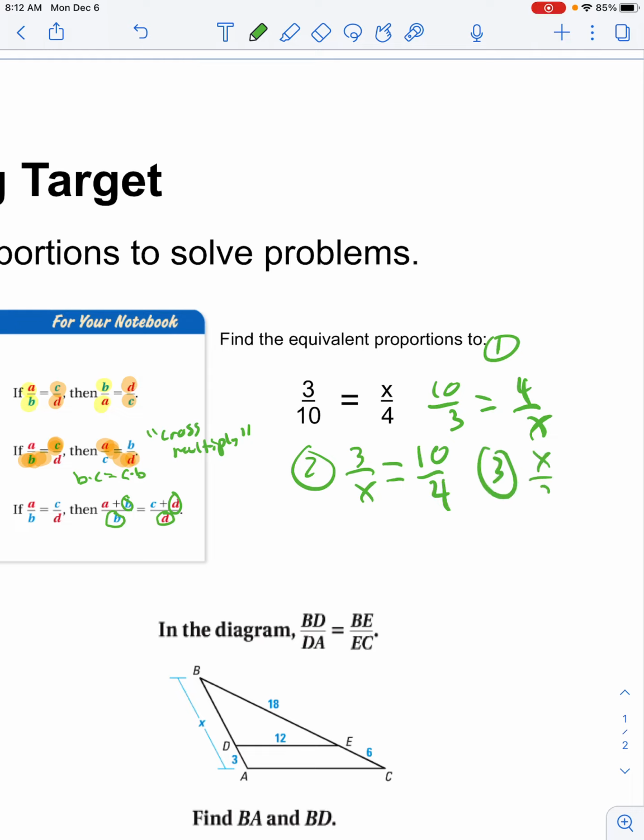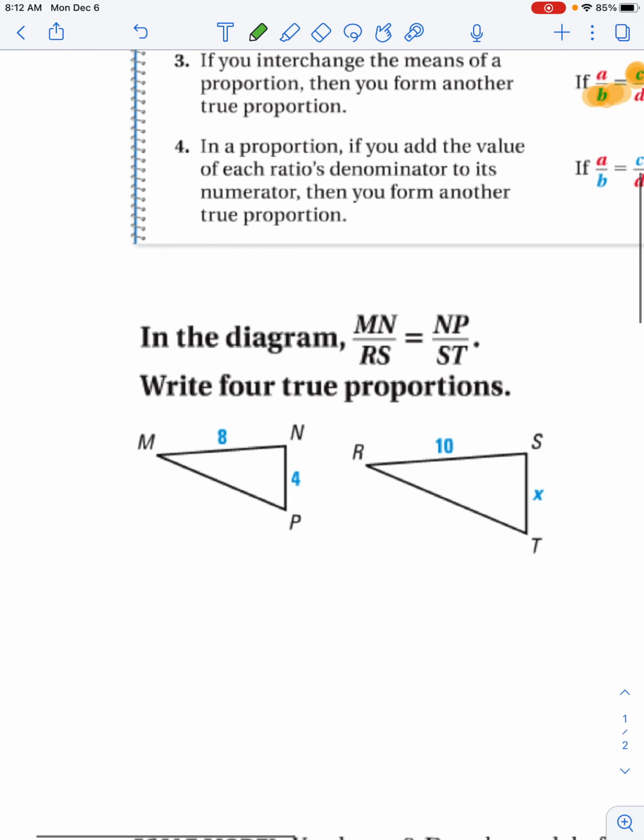And again, I can flip-flop that: x over 3 equals 4 over 10. Maybe I wanted to use that last property and add 10. So I said 13 over 10 equals x plus 4 over 4, because I added 10, which was my denominator, and I added 4, which was my denominator.